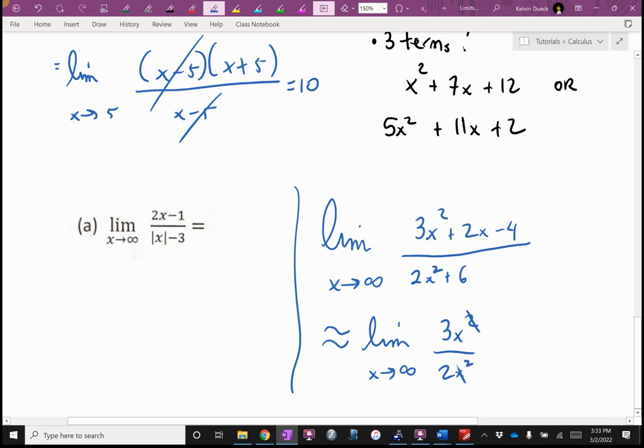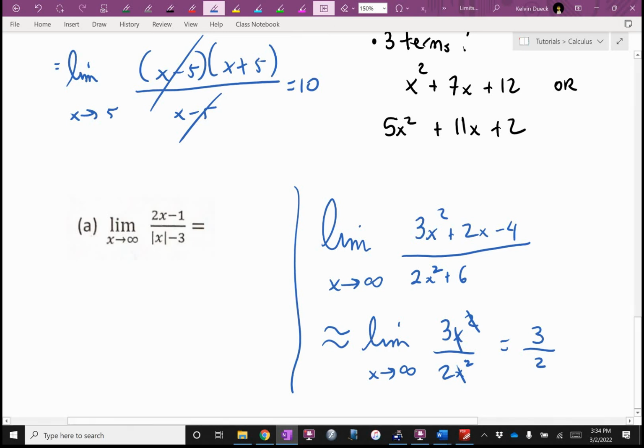Well, then I would end up with this graph, which, as you shoot off to positive infinity, eventually becomes 1.5 high. 3 over 2 is 1.5. I'd have to see what it looks like to see whether it shoots down to 1.5 high or shoots up to 1.5 high.